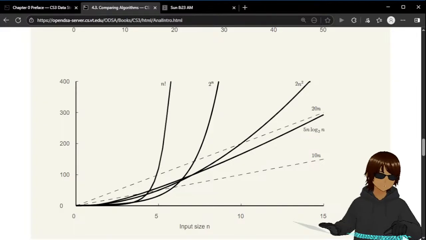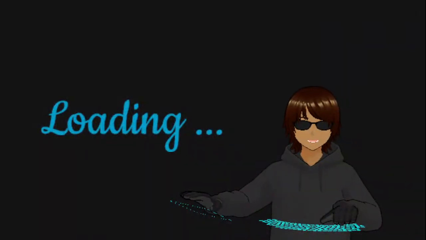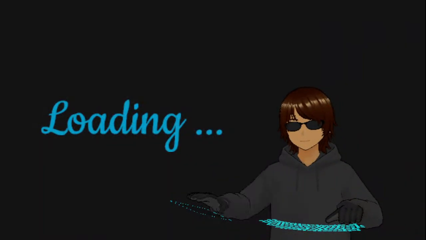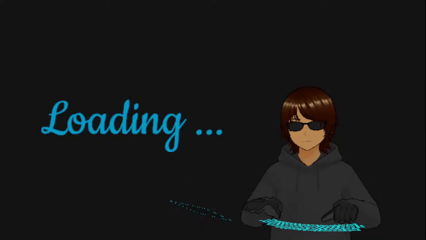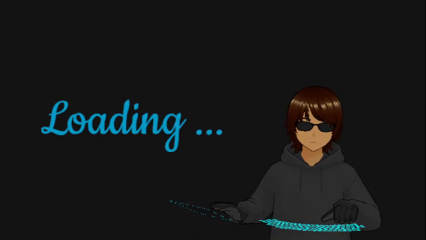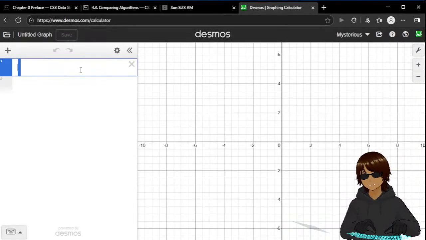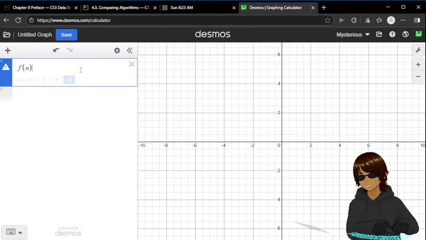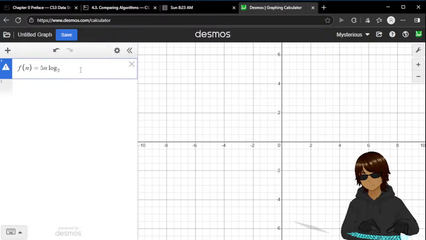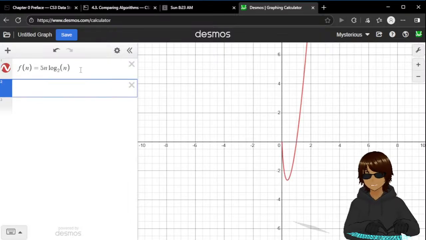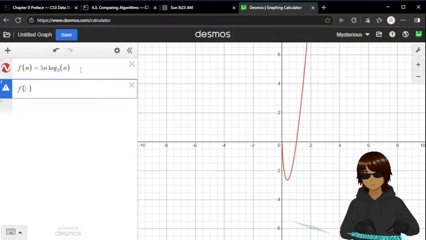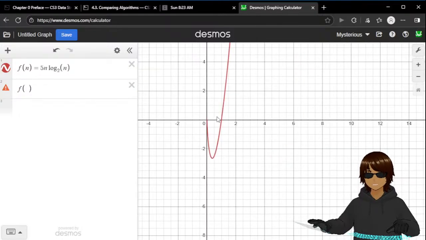I don't, hold on a minute. f of n, 5n log base 2 of n, and let's do f of, why does it go to minus?